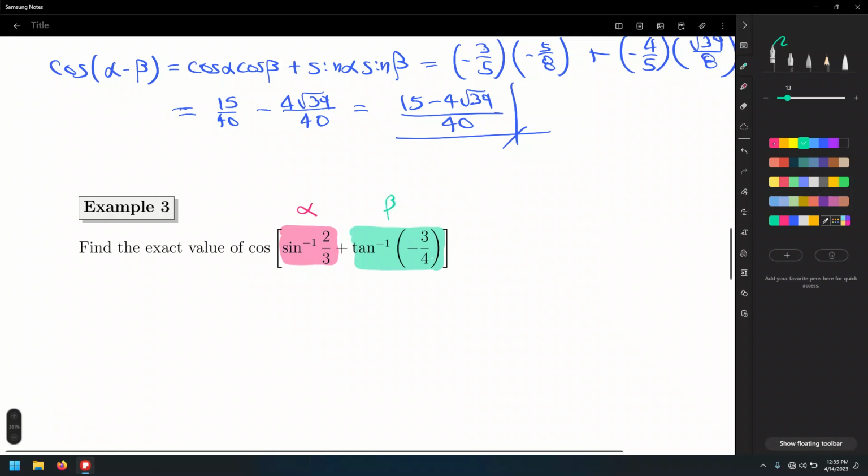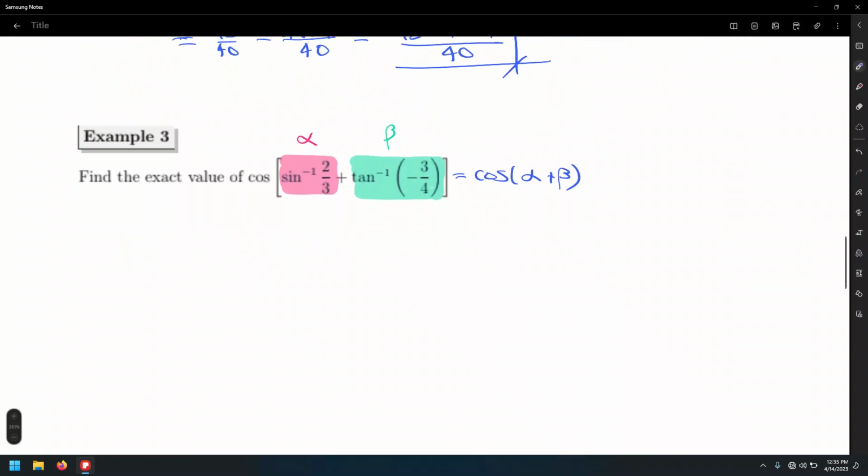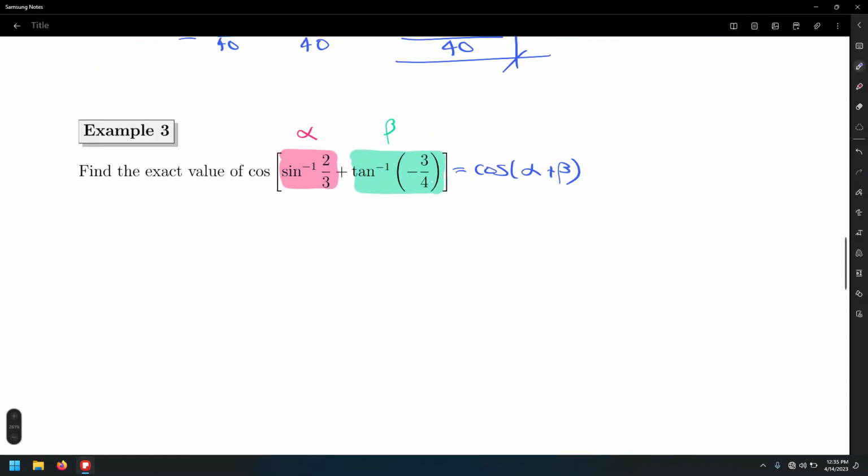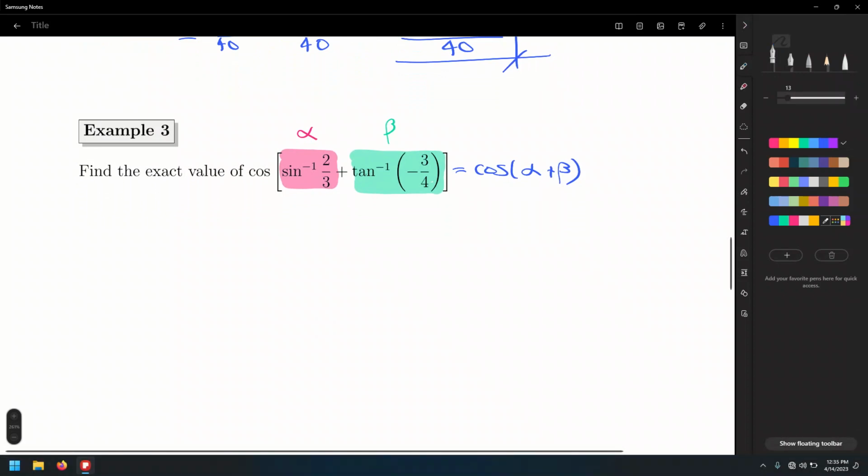Okay, that means I'm going to rewrite this as cosine of alpha plus beta. How about we relate the following quantities? This quantity, inverse sine of 2/3, with alpha, and inverse tangent with beta here.